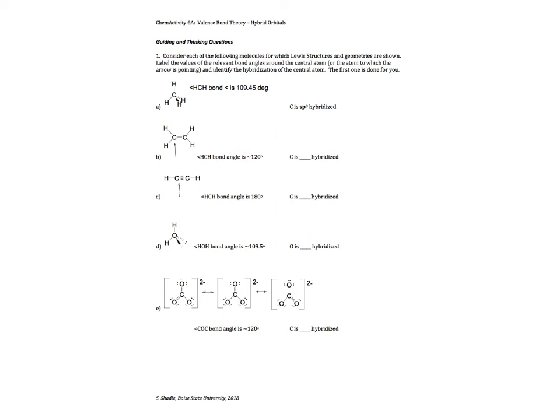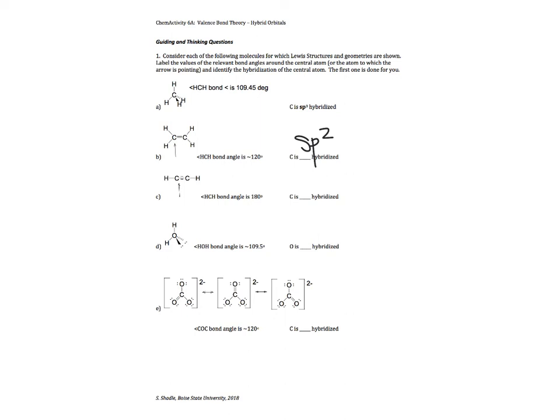We know it's actually a little bit less than that because of the double bond. But because it's near 120, we can say that the carbon is sp2 hybridized. So we're just using the table on the previous page to apply a label. You shouldn't necessarily be able to picture what's going on yet. We're just learning the terminology.